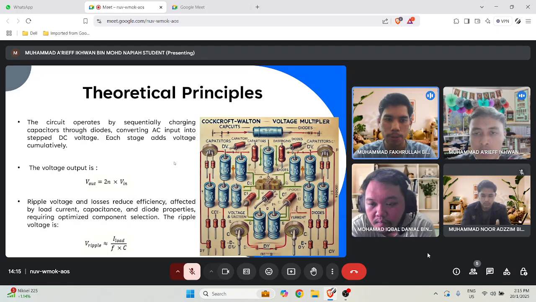It starts with low voltage and keeps adding a small amount with each step until it reaches a very high voltage. However, to work well, it needs good quality components and careful design to avoid voltage fluctuation.